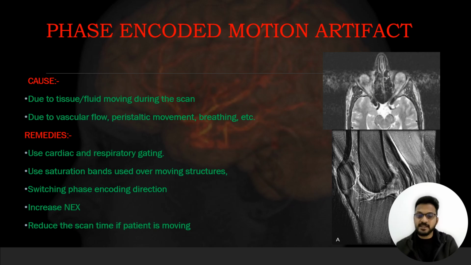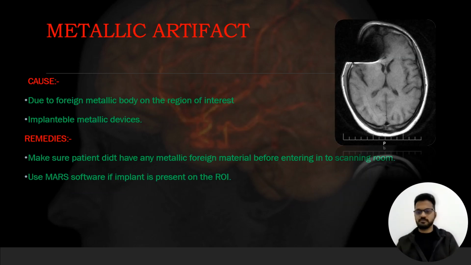We can also increase the NEX to resolve this kind of issue. If the patient is not cooperative and moves, we cannot do much about that. So we can reduce the scan time as much as possible. Then the time for patient movement will be reduced, which will reduce the artifact.